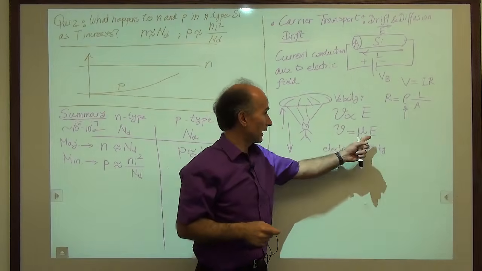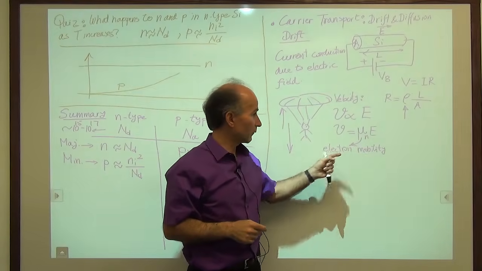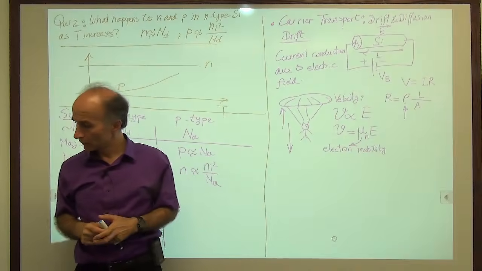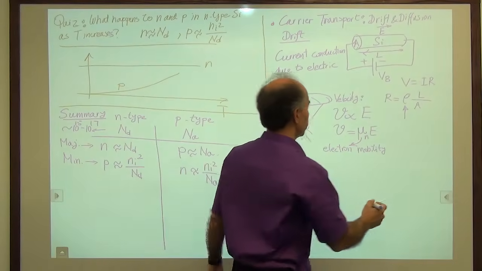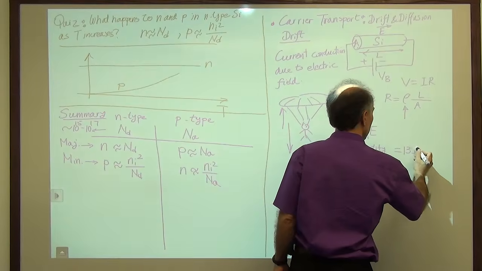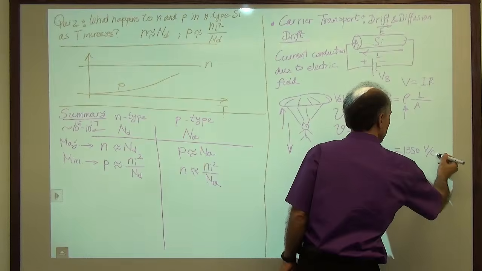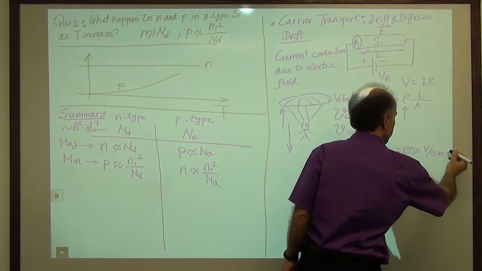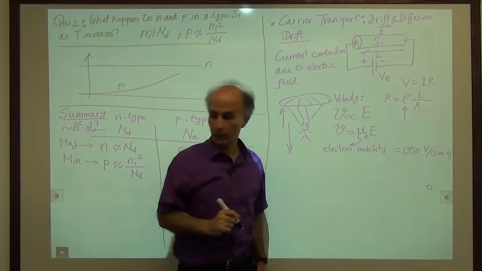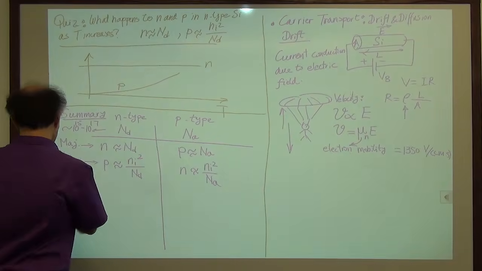And that velocity can be calculated if we know how much that is. Now, mu sub n for electrons is equal to 1350 volt per centimeter times second. Very strange unit. I'm sorry, centimeter. Okay, I made a mistake here.